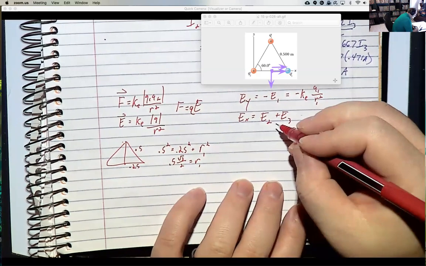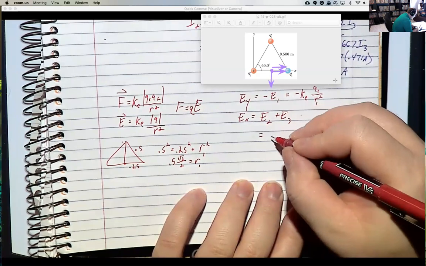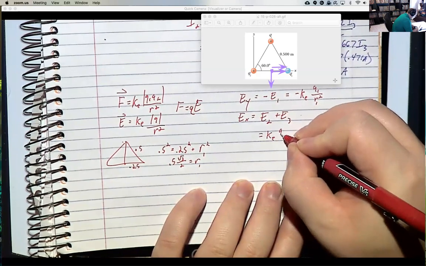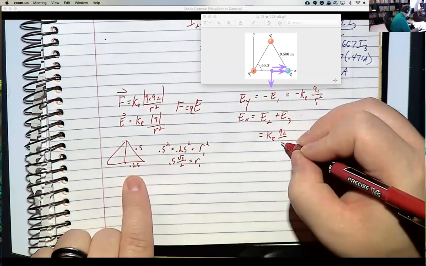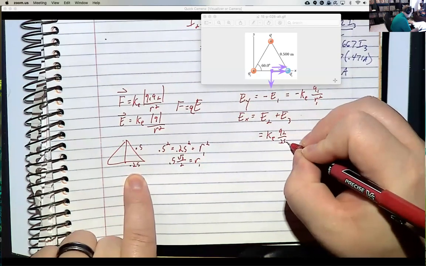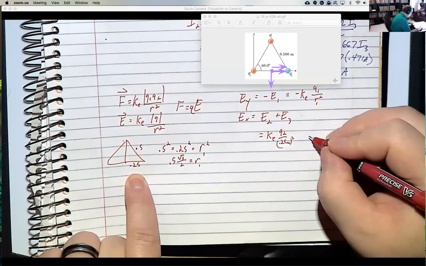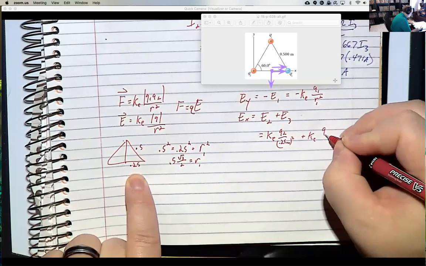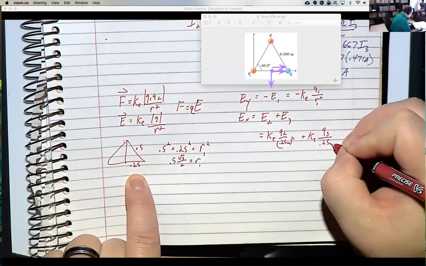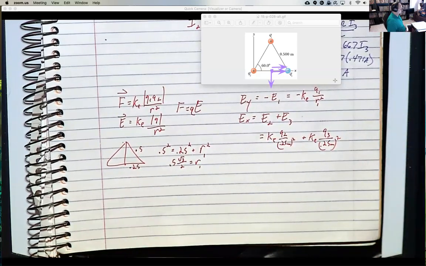For the other one, we'll say the same idea: it's going to be KEQ2 over r squared, but this r is going to be 0.25. And the other one is going to be KEQ3 over 0.25 meters squared. Thing is, I'm never going to ask what's the X component, what's the Y component. I'm going to ask for the magnitude and direction.